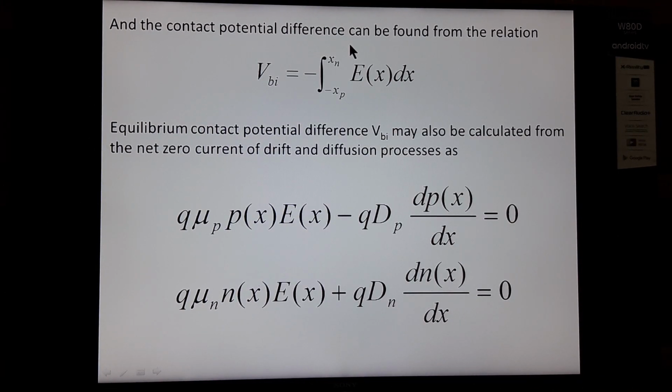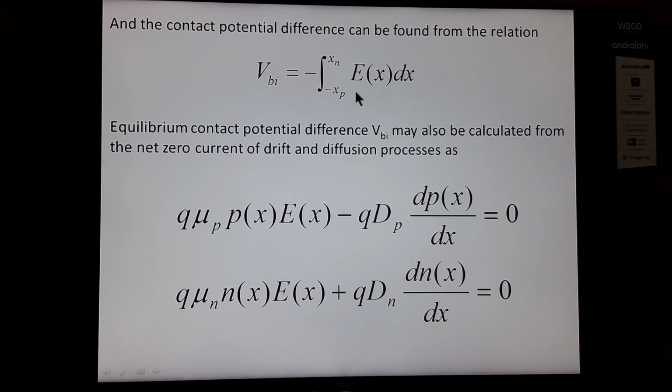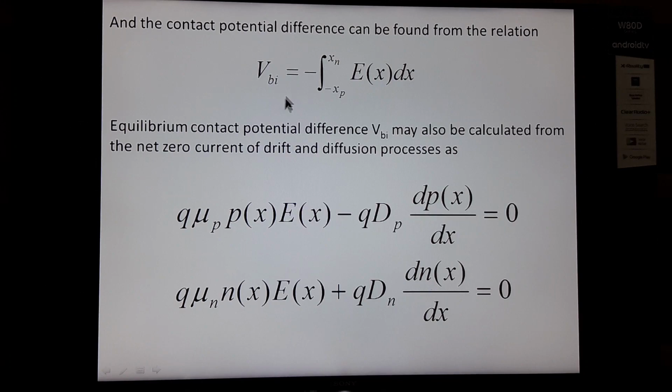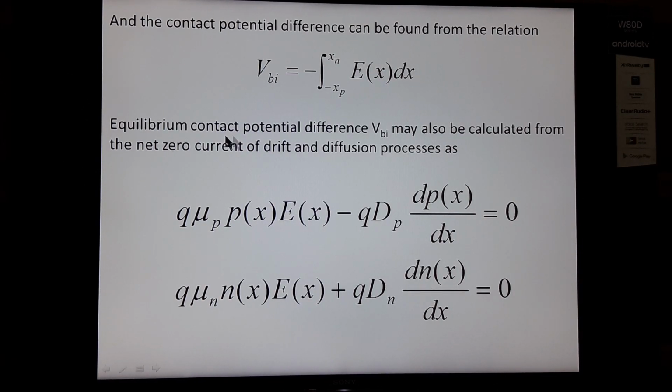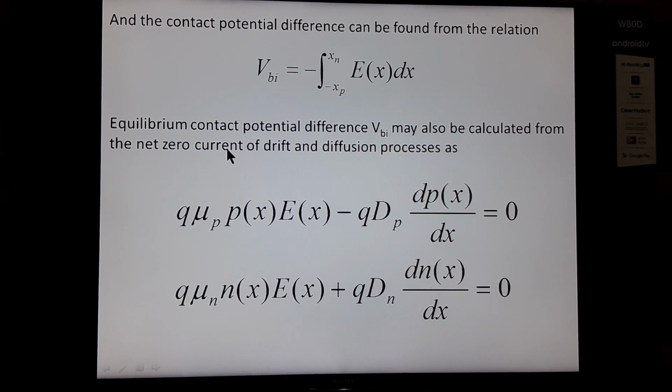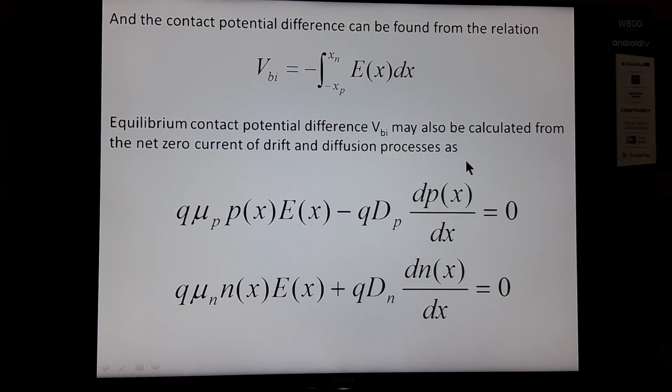And the contact potential difference can be found from the integral value of the electric field inside the depletion region, limiting from minus xp to xn, and that is defined as the built-in potential or the contact potential. Now, it is also important that under equilibrium, the contact potential difference may also be calculated from the net zero current of drift and diffusion processes, as I discussed earlier from these two relations.